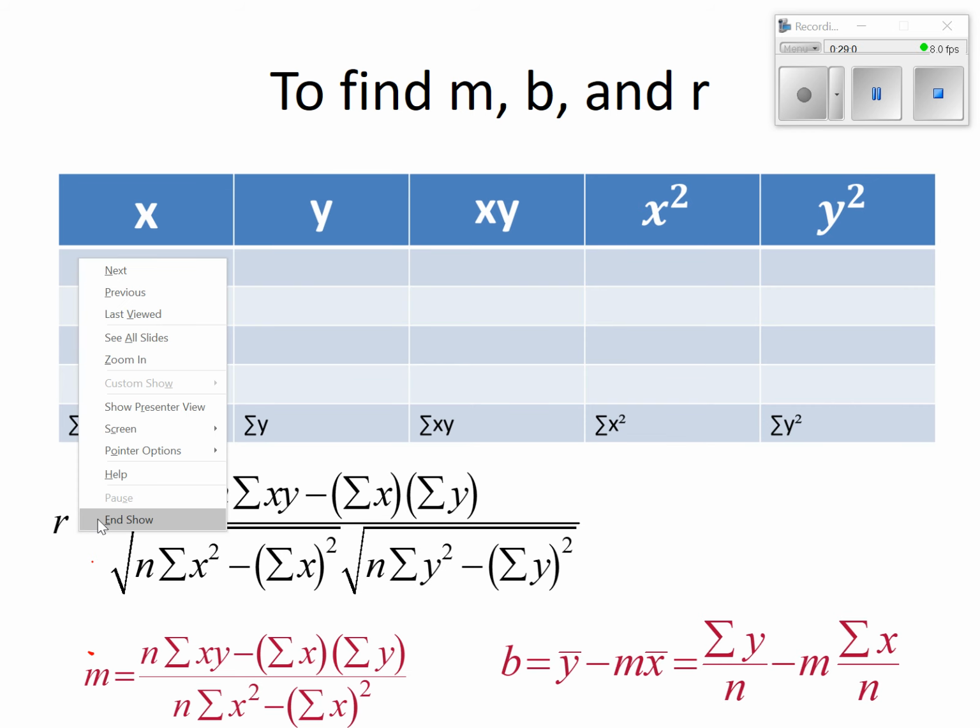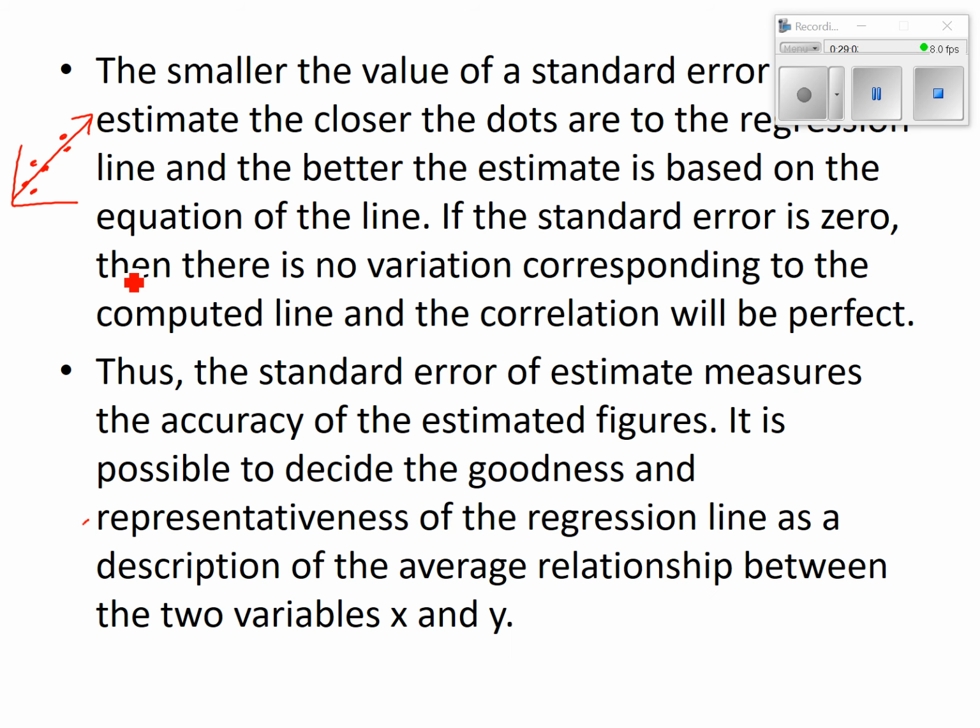They're saying that the smaller the standard error is, the closer the actual points of the data that we collected are to that regression line, and the better the estimate is based on the equation of the line.